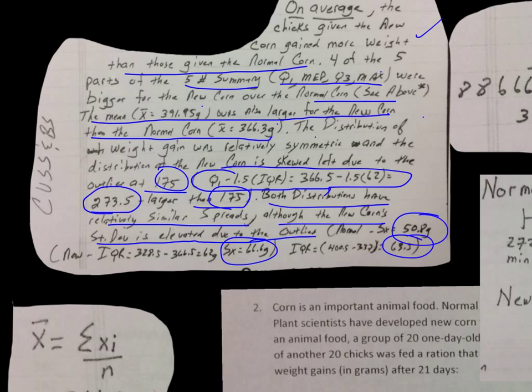And then, of course, the new corn had an IQR of 66.5, and then the IQR here gave a totally different number of 63.3. So basically, in a nutshell, that's how you go about discussing and describing data in statistics. I know this is a long video, but it's well worth watching the entire thing.